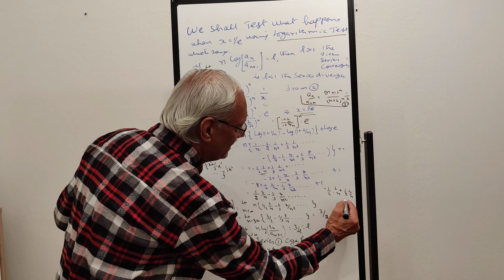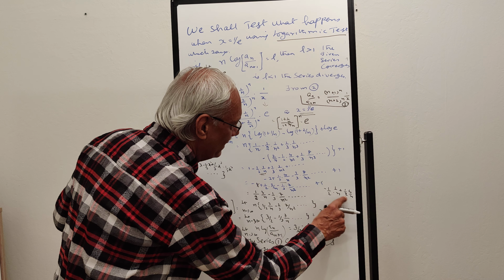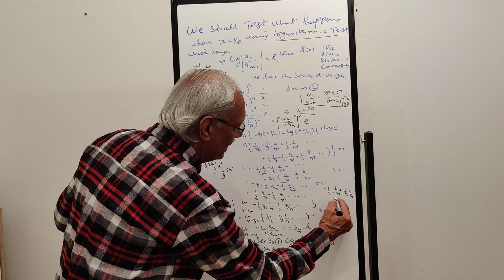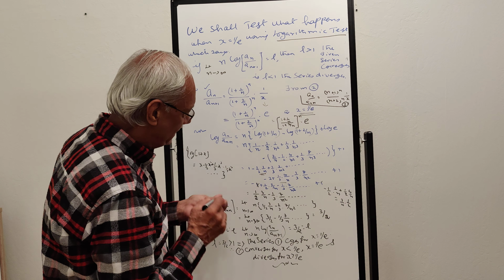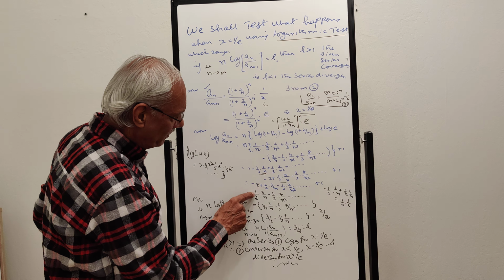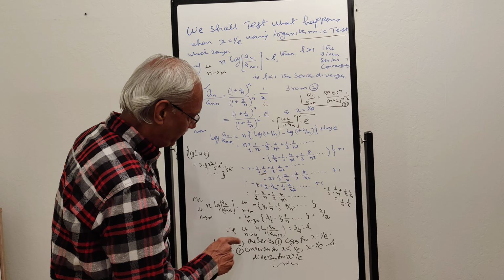So this is nothing but 4 times half of n, and this is 1 time minus half of n. So this is nothing but 3 by n into half, that is 3 by 2n minus the rest of the terms.